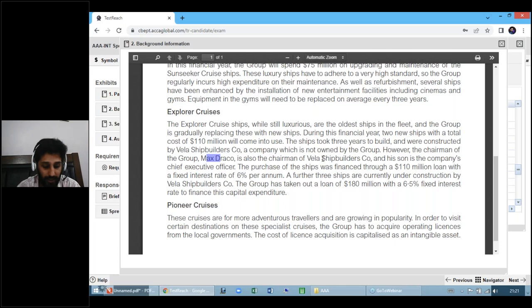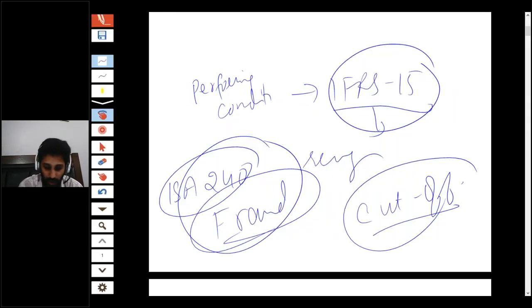And what is important, you should note it down if you want to, is that IAS 24 is not based on calculation.